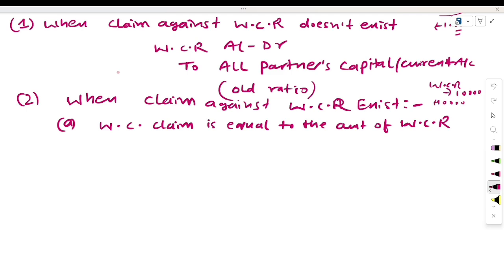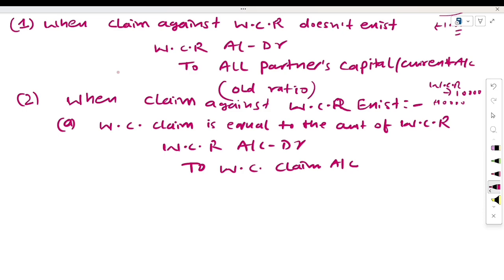Claim amount is also rupees 10,000. Then all the reserve amount will be adjusted with the claim amount. So here we make the entry: workmen compensation reserve account debit to workmen compensation claim account. Here the amount will be adjusted.